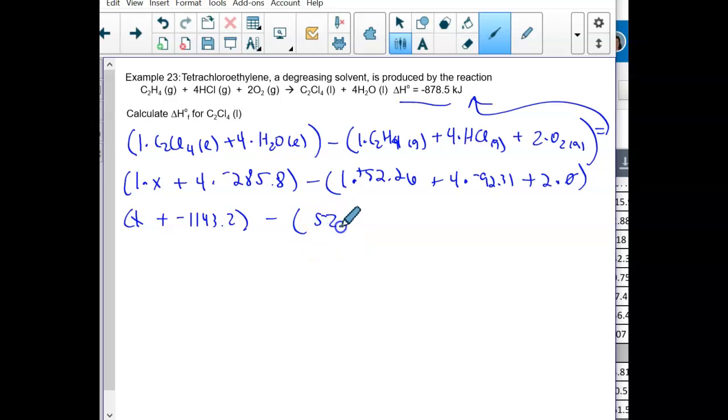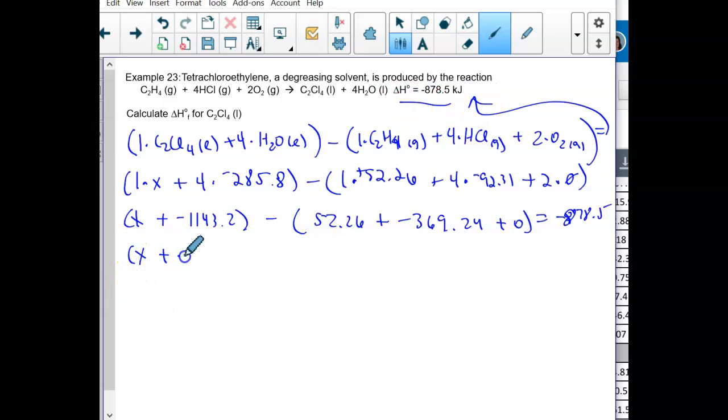This is 52.26 plus 4 times negative 92.31, which is negative 369.24, plus 0. All I did was the math inside these pieces. Remember that this is all equal to the negative 878.5, because this whole thing we knew the delta H value for.